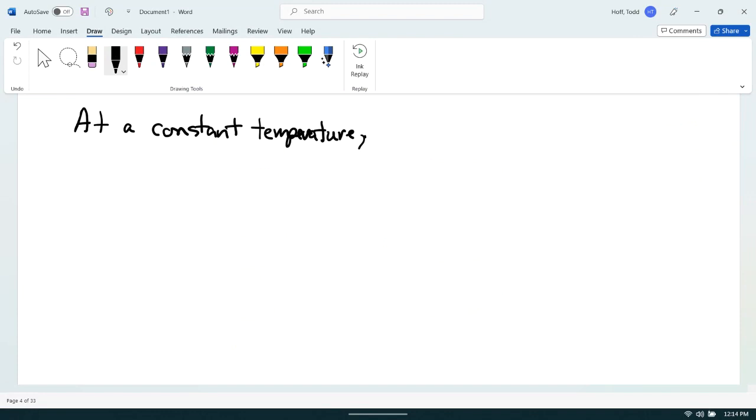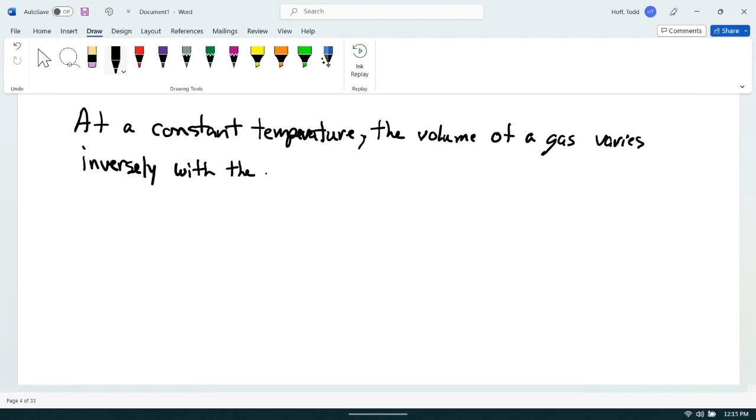At a constant temperature, the volume of a gas varies inversely with the pressure it's contained in. Should have said in which it's contained, but this isn't a grammar class, right?